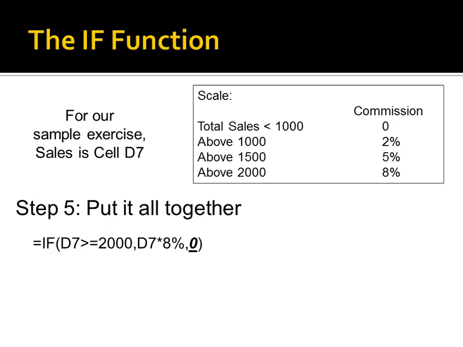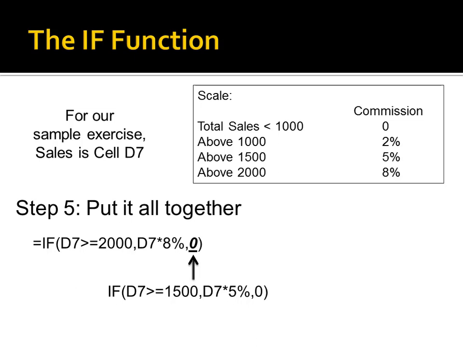That 0 is very important because what you're going to do is put in the other function, the one right above that. So at the very bottom, it's 2,000 in our scale. The one right above that is 1,500. So the if function that calculated the 1,500 value for the 5% is going to go right where that 0 is going to go.